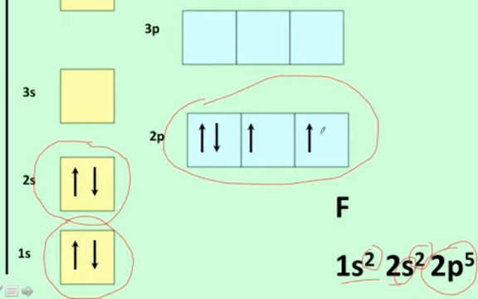So they've started off going in their own separate orbitals. I've had to start pairing for my 8th electron, and I have to do that for the 9th electron too. So my fluorine atom has an electron configuration of 1s2, 2s2, 2p5.